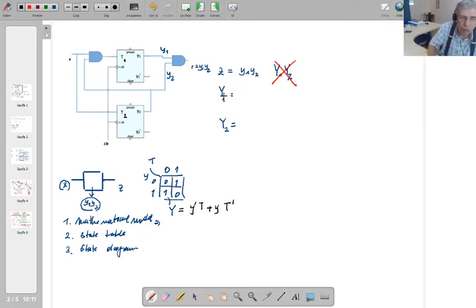So for this first memory element, I write y1 prime t plus y1 t prime. This function is the definition relation, the next state function of the T type memory element. But this is not the function that I am looking for. Why? Because T is not an independent variable. So I've got to transfer this T function to the independent variables that I mentioned here.